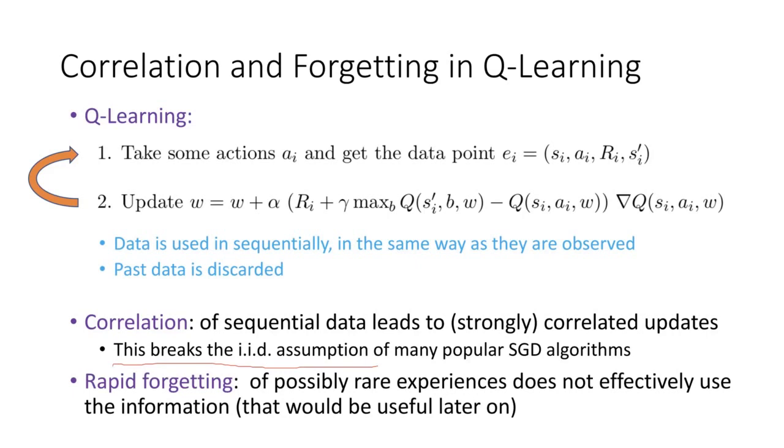Another issue with this kind of sequential Q learning is the issue of rapid forgetting. So you may be getting some observation that may be really useful. Think about you are trying to come up with an autonomous driving algorithm, and then you generate data. Suppose some data points involve some kind of interaction between an autonomous driver and a pedestrian, or another car.